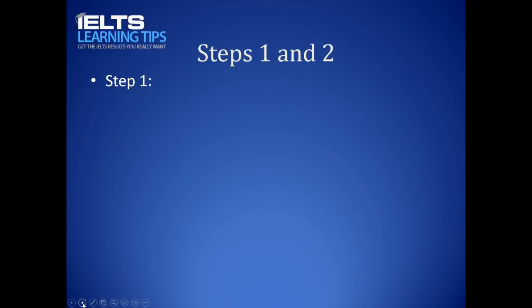So let's look at the first 2 steps. In step 1, it's just about writing sentences and making sure those sentences are correct grammatically initially. You need to have good, correct, simple sentences. They don't have to be complicated, just simple sentences about the topic and the question.